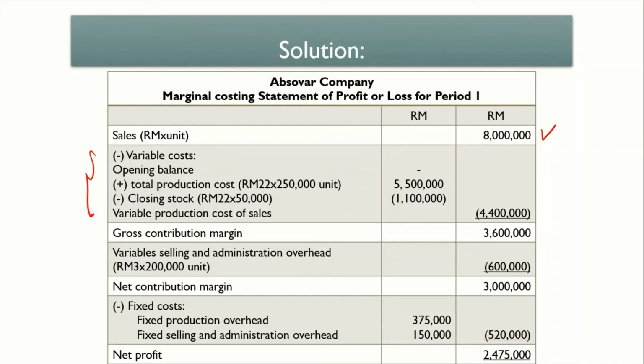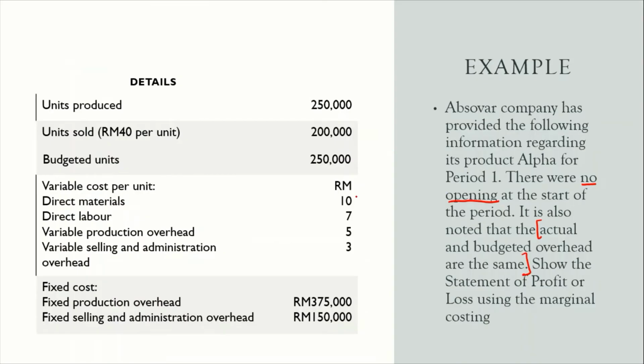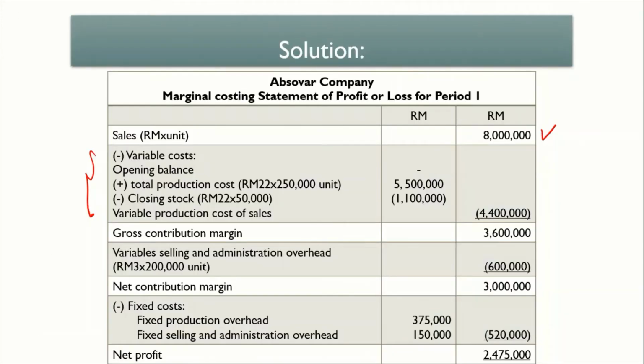They will only take the variable cost. They don't take the 375,000. They only take the variable cost per unit, and for the production they directly multiply it with the units produced, so that you gain this amount.